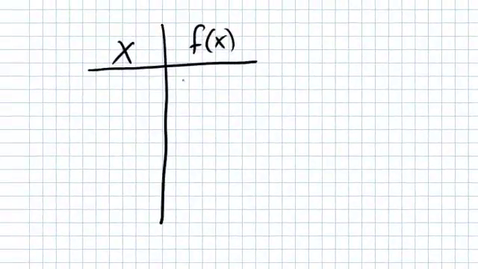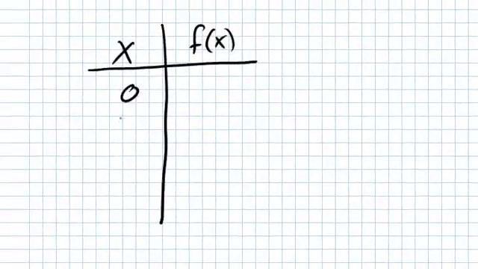We can do the same thing with tables. So maybe the function is viewed as a table instead of ordered pairs. This would be my input, my x, and my output would be f of x. And we can list our ordered pairs in table form.